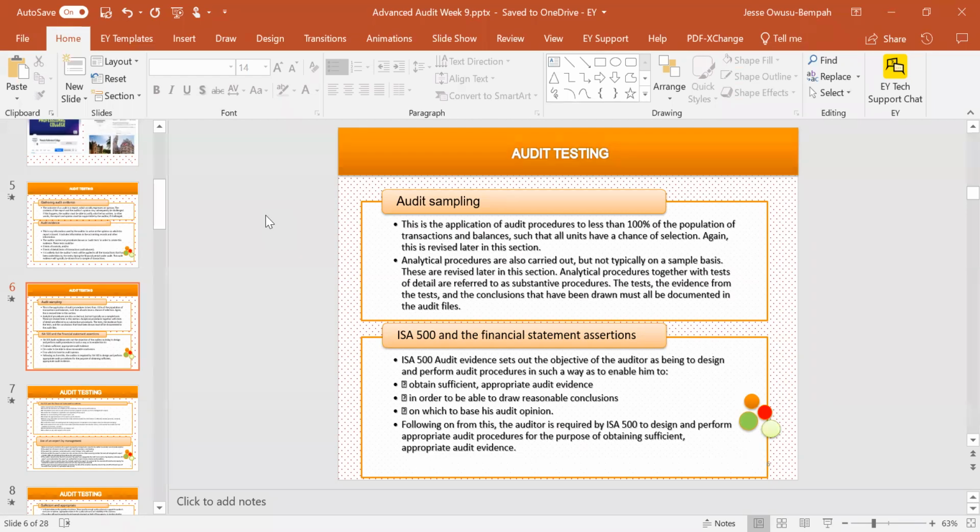So they are basically steps that are performed by auditors to get the information that is required for the quality of the financials provided by the company. And this helps them to form the opinion.